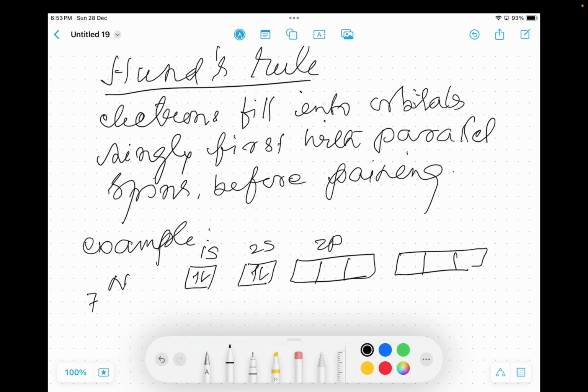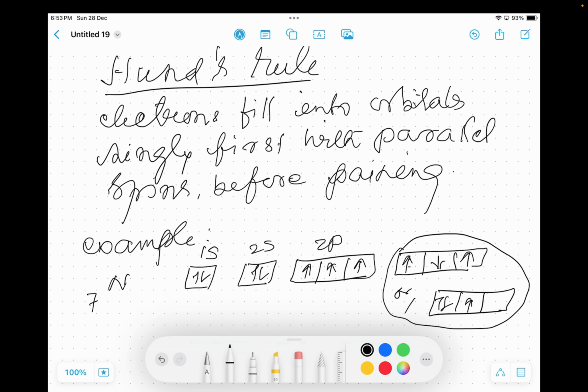According to Hund's rule, we should write the remaining 3 electrons 1, 1, 1 in parallel spin. We should not write this way, or this way, or any other way. All these are wrong according to Hund's rule.